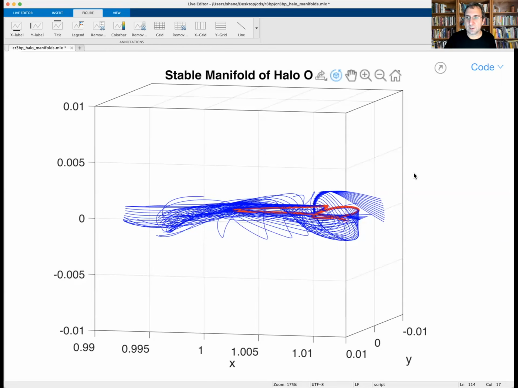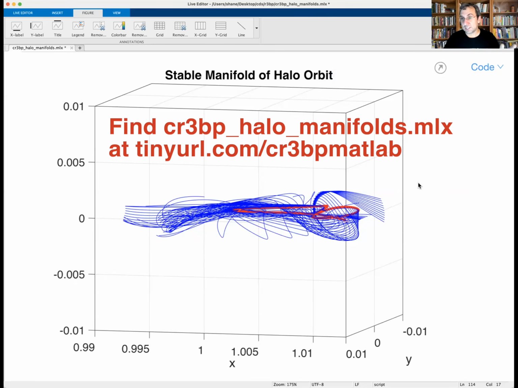Okay. So, like I said, I'll provide this code so you can play with it. There's a lot more that could be said about the three-body problem, but that's all we're going to say for this short course. And hopefully it's been valuable for you. So thanks for hanging in there.